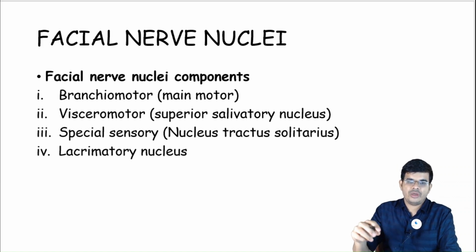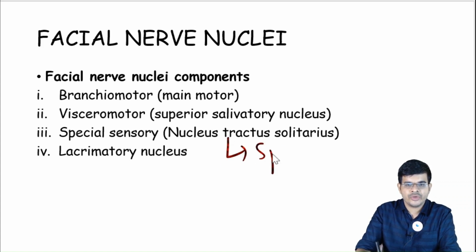Now what are the various fibers associated with it? First of all, you have the special visceral afferent fibers. These are special sensory, right? So here you have special visceral afferent.